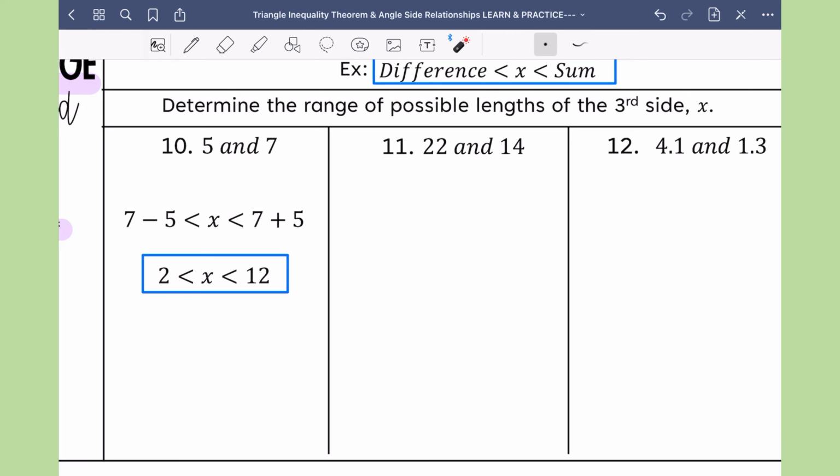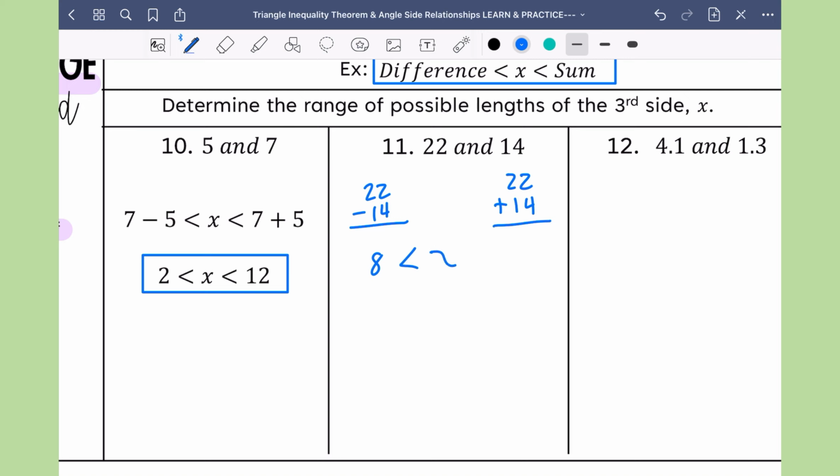Let me do one more with you so you can see how I can apply this with these numbers, 22 and 14. So 22 and 14, I'm going to start with the difference. So 22 minus 14. And then on the other side, we're going to do 22 plus 14. So this is you applying the theorem. 22 minus 14 is 8.